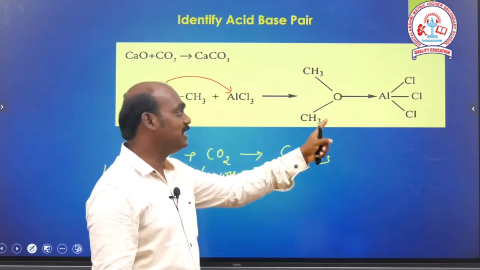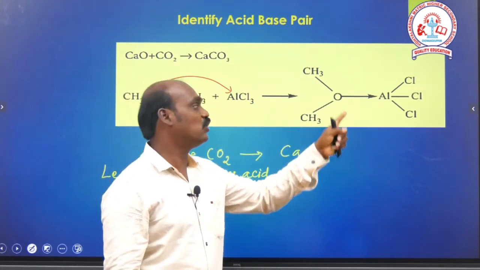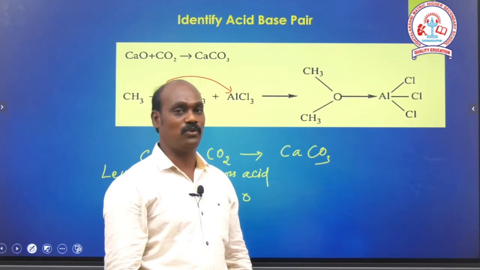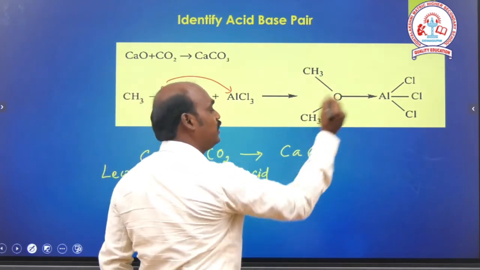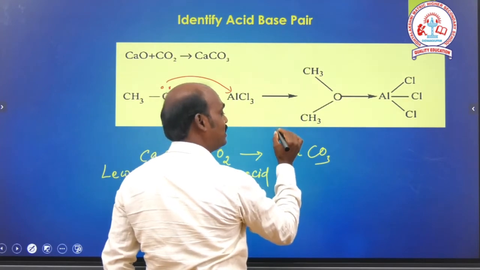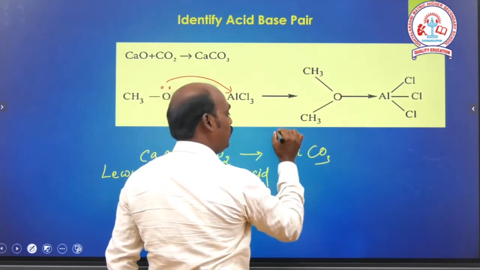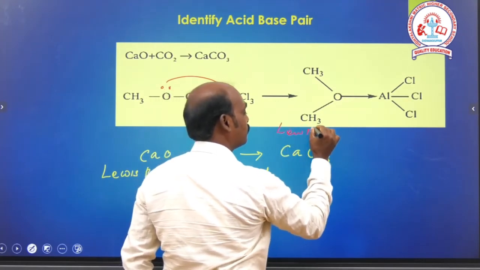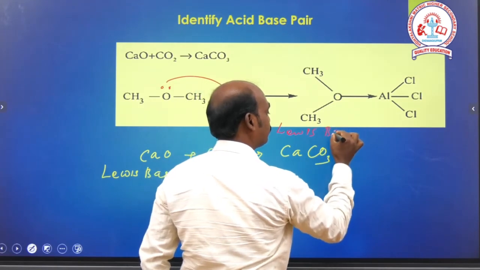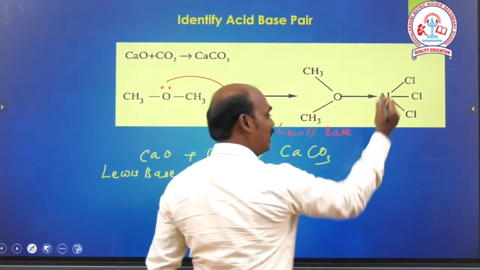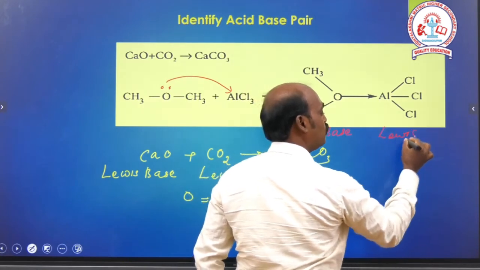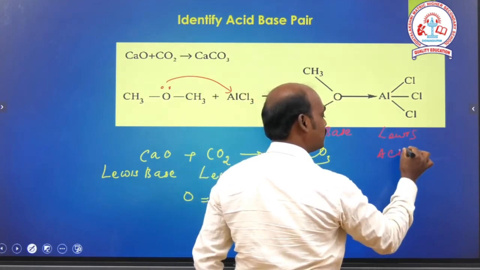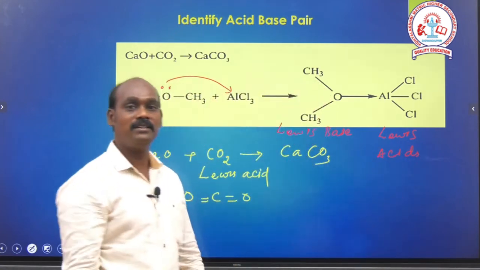So dimethyl ether gives electrons to aluminum chloride. So dimethyl ether acts as a Lewis base. Okay, aluminum chloride accepts electrons, so it belongs to Lewis acids. Clear?